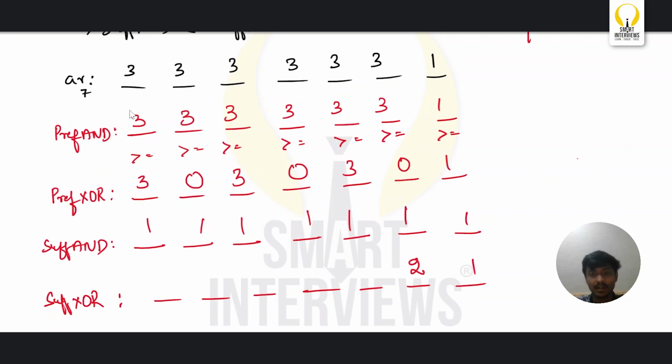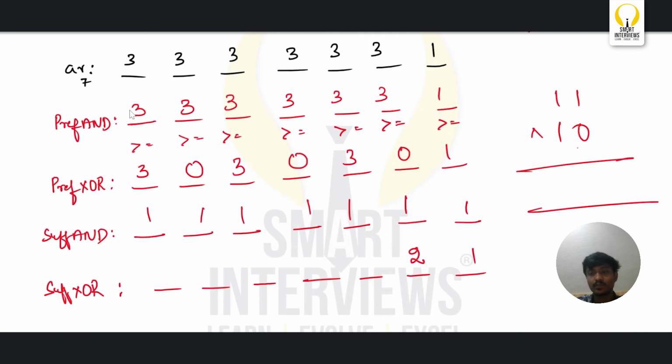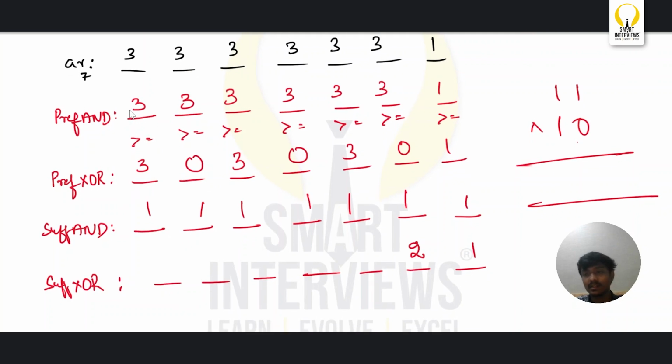Now again, when you do 2 XOR 3, what is the bit representation of 3? It is 1 and 1, and you are going to do XOR with 2, that is nothing but 1 and 0. Now what is the resultant value that we get? This turns to be 0 and this is 1.